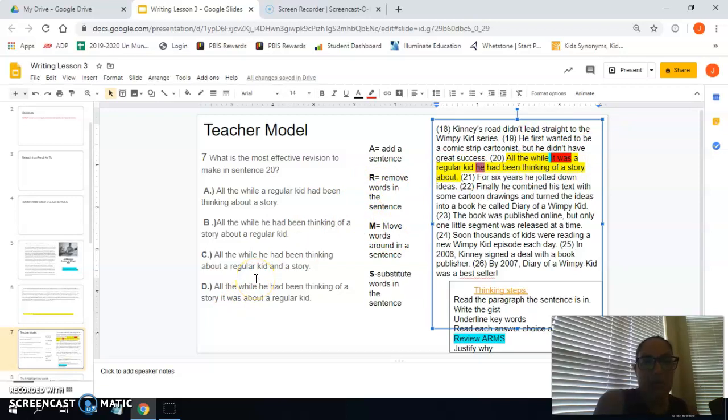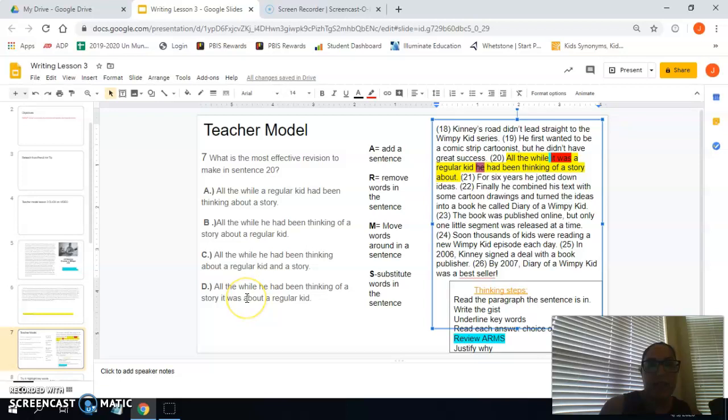See C: "All the while he had been thinking about a regular kid and a story." Well, he wasn't thinking separately about a regular kid and a story. He was thinking about a regular kid in the story. So it's not C, because it's not two separate ideas that he was thinking about. He was thinking about this one idea with a regular kid involved in the story.